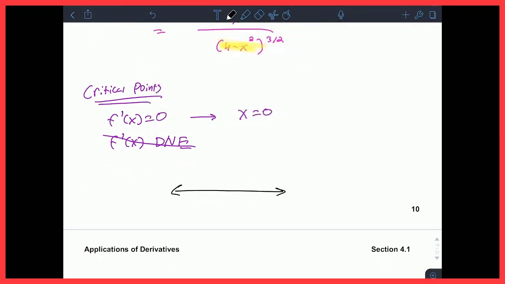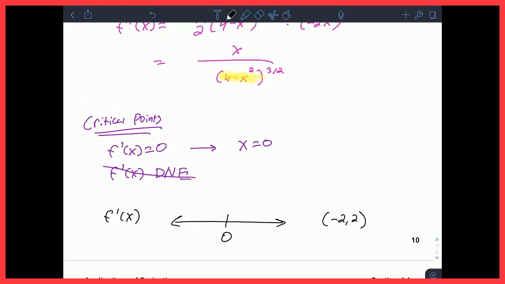Let's see what the function is doing at x equals 0. Let's draw a sign chart of the derivative f prime of x. Here's 0. Keep in mind I have to live within the interval negative 2 to 2. Let's test negative 1 in the derivative. I get negative 1 on top over 4 minus negative 1 squared, which is 3, raised to the 3/2 power, which is some negative number.